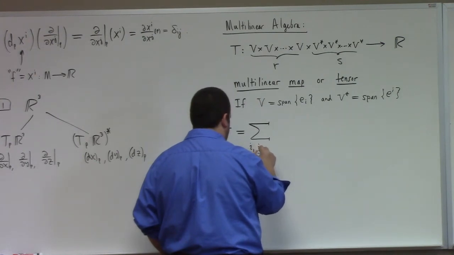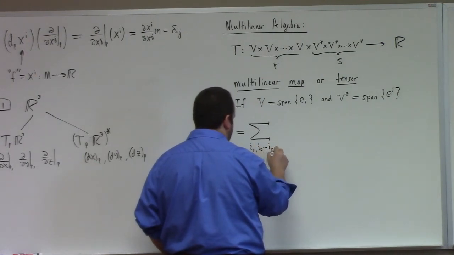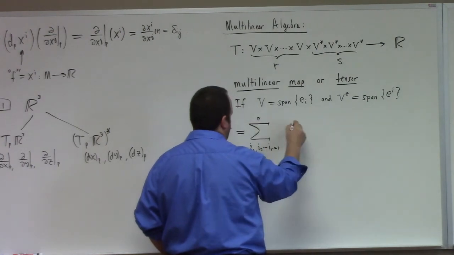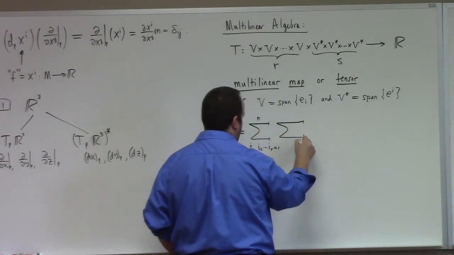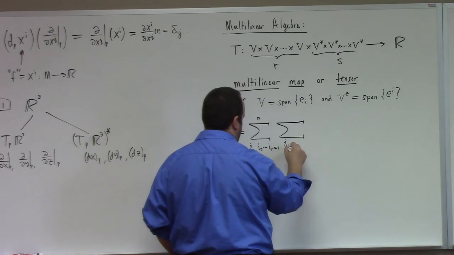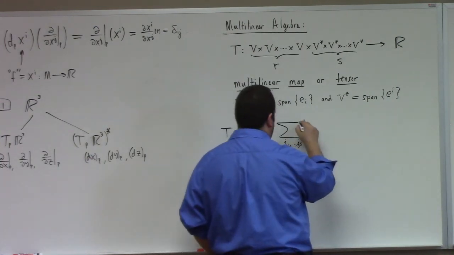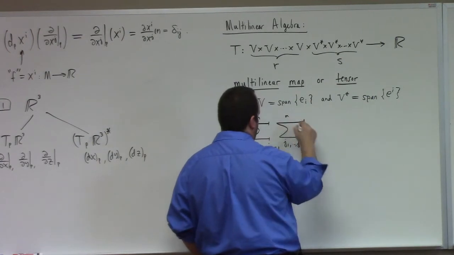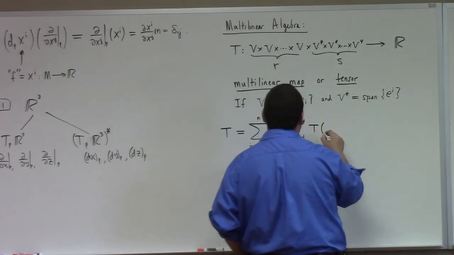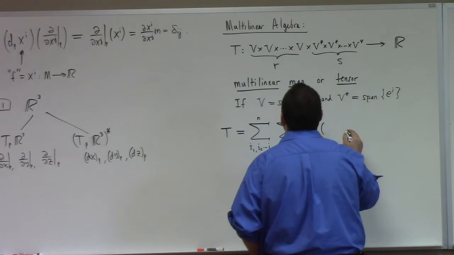Sum over i1, i2, ..., iR equals 1 to n, sum over j1, ..., jS, 1 to n, of T, and T has to eat. What are we going to feed it?